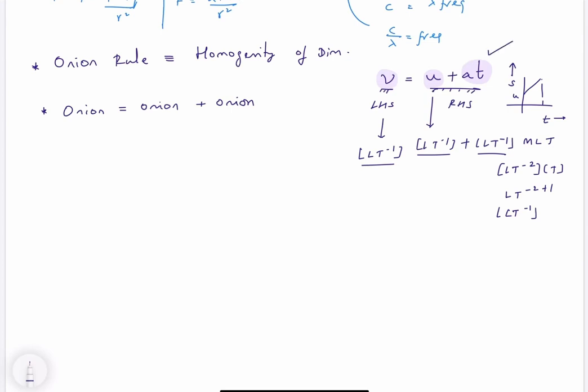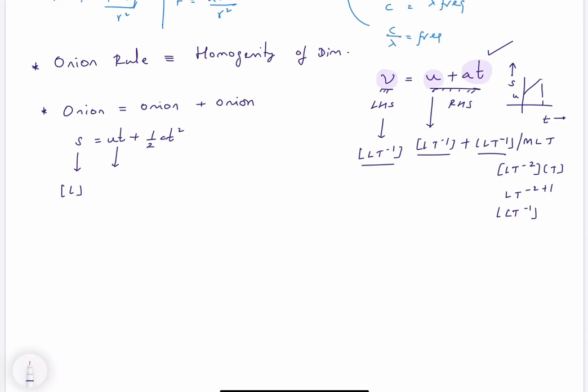Similarly, let's take another example. S equals ut plus half at square. What is this S? Distance. Distance, length family, L, yeah. Okay, this doesn't look like an onion, but let's simplify this to see whether it looks like an onion or not.